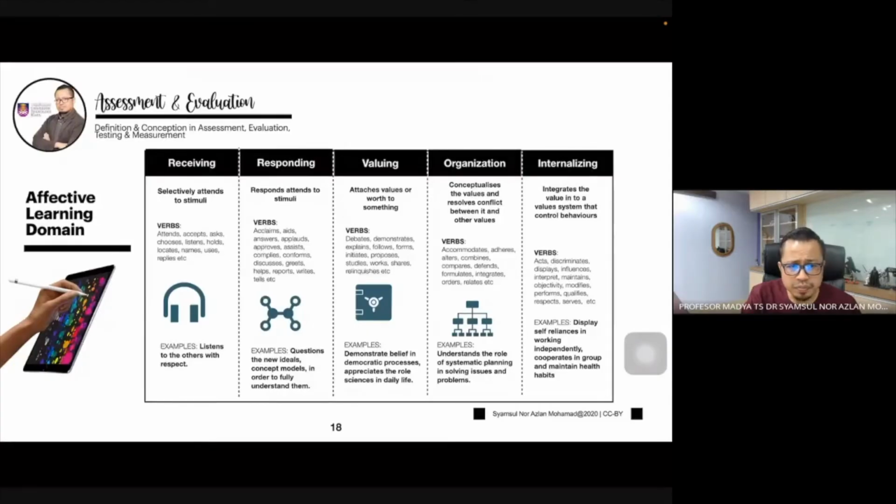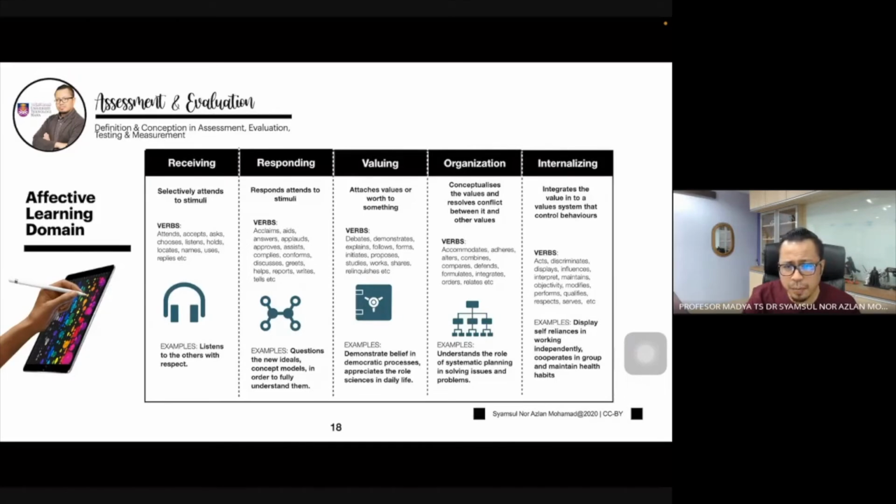Then we need to see how the students respond to that stimulus, and how they use it to question new ideas, concepts, and models in order to fully understand them.